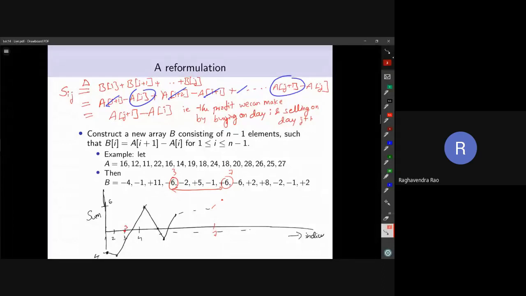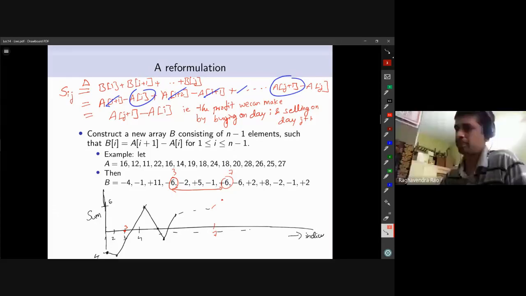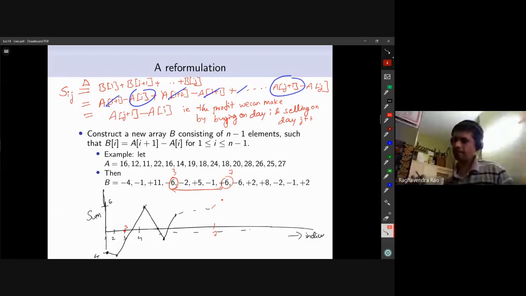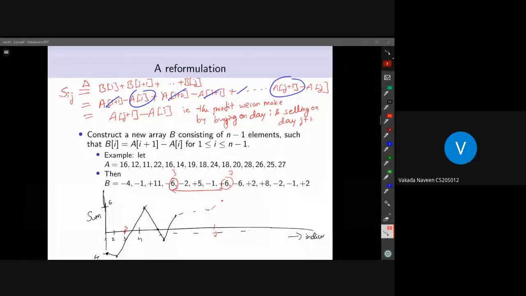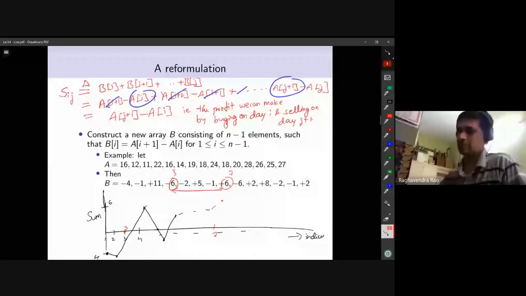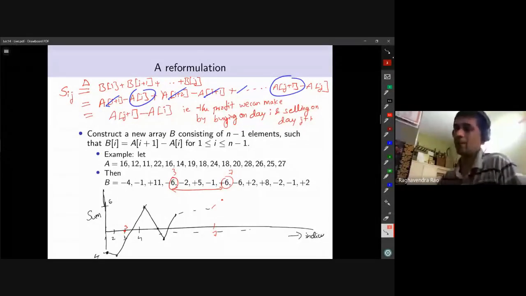So I hope I'm making it clear, right? So what is the reformulation now? Maximizing the difference between i less than j pairs is equivalent to finding the maximum sum among the subarrays, or in other words, finding i less than or equal to j such that Sij is a maximum.